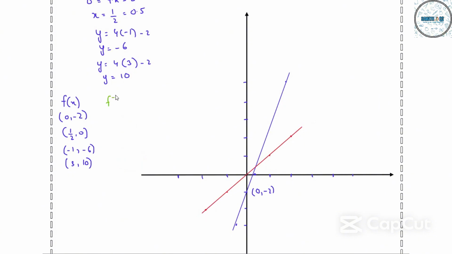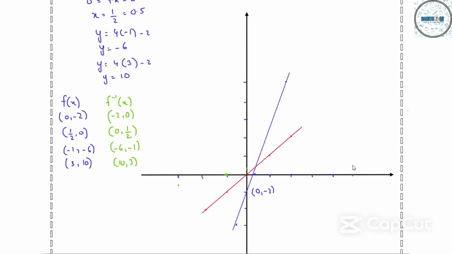Now we will draw the graph of f inverse of x, for which we will switch the coordinates. The x value will become y and the y value will become x. -2, 0 is here. 0, 1/2 is here. -6, -1 is almost here.